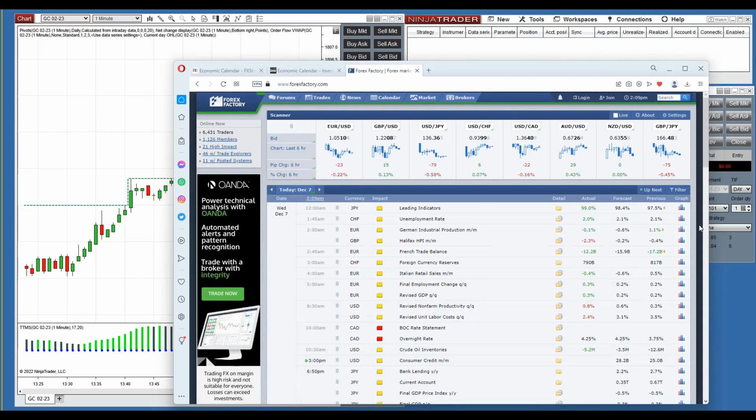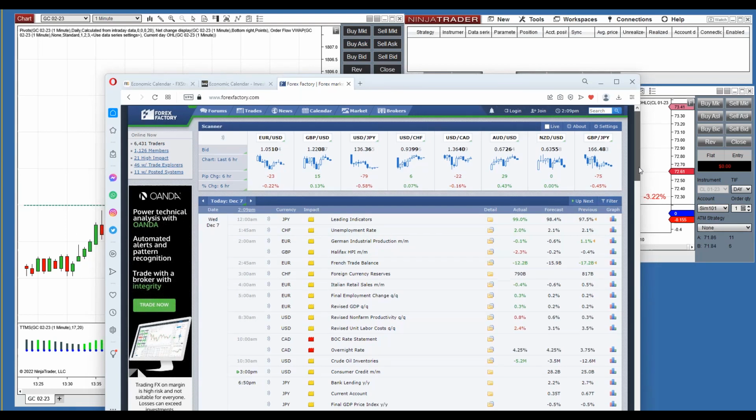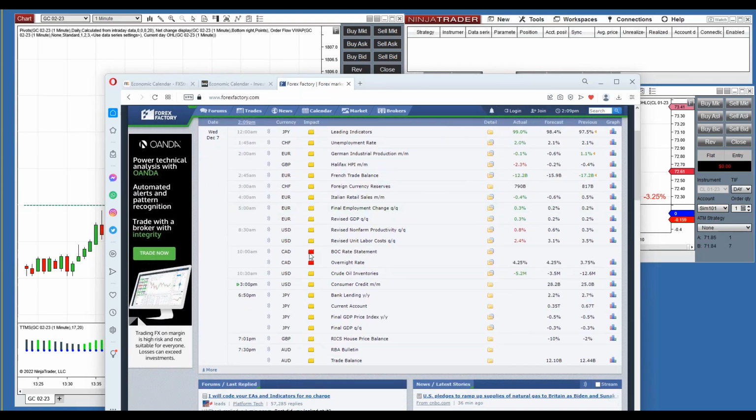I'm sorry, Forex Factory is on color: red, orange, and yellow. I'll get it straight. Red is impactful, yellow not so impactful. But remember, sometimes a yellow might be meaningful, okay? So keep that in mind.